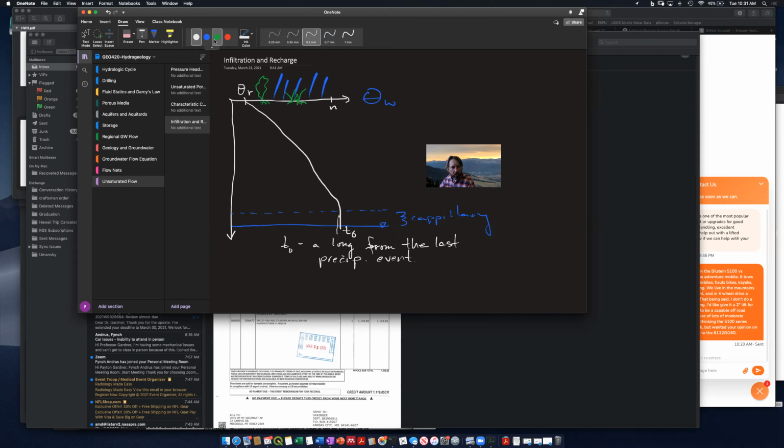Let's make these blue. So T1 and T2, we have infiltration of this water, as it seeps into the soil surface.